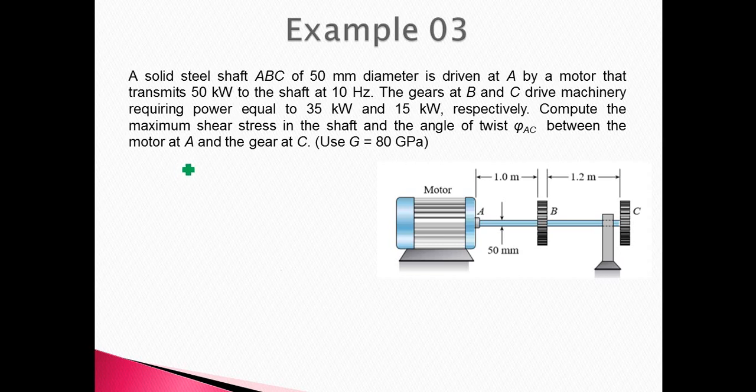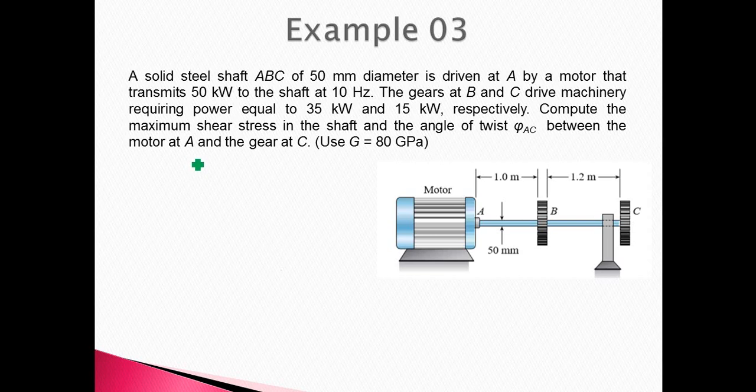So from the question, we know that the power from the motor is to transmit to the shaft. In this case, the power from motor is the input power, and the power at gears B and C are the output. The power, we can convert the power into torque.